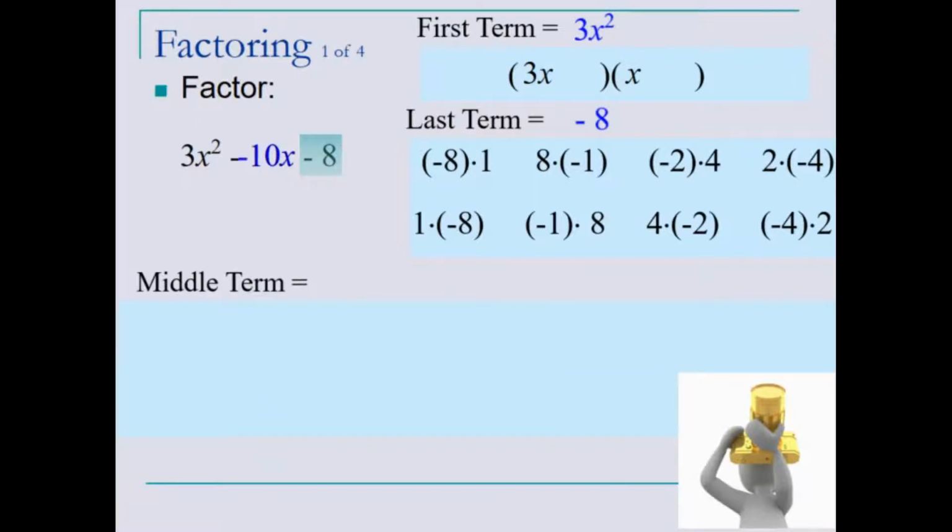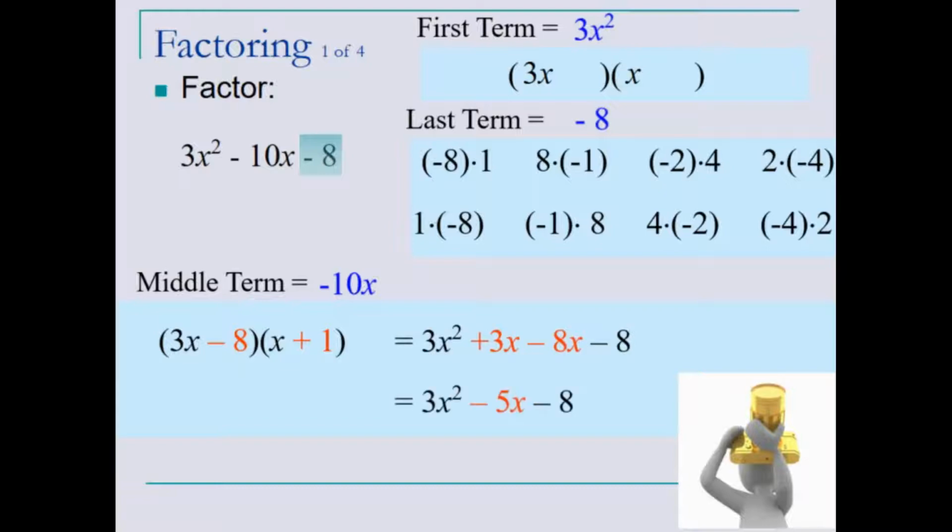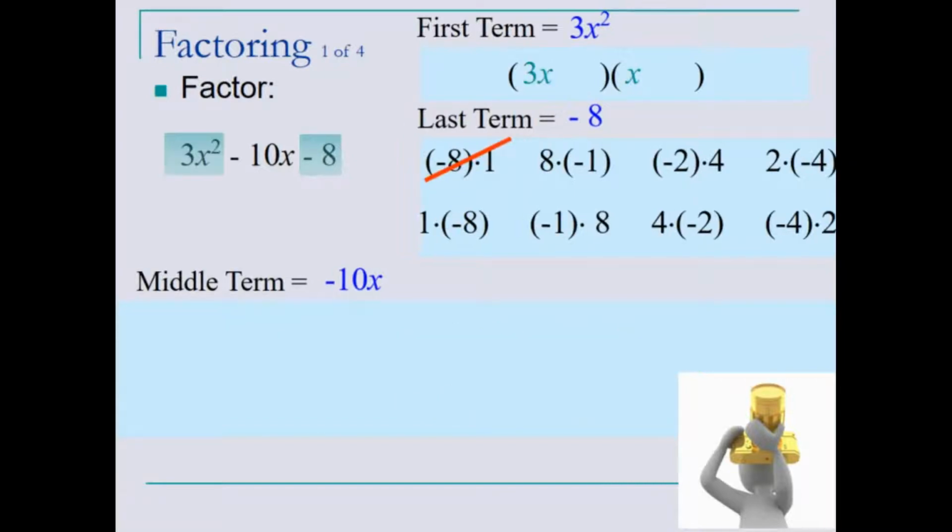So we'll start with the first pair. Multiplying the outer and the inner, simplifying gives us a negative 5x. Since this is not correct, we go on to the next pair.